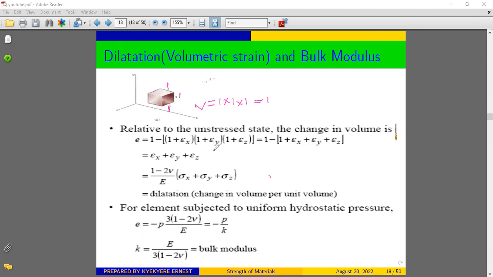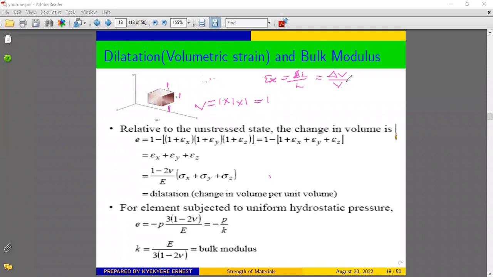Therefore, if you want to get the volumetric strain, don't forget that we said that the strain is just the change in length over the original length. So in respect to volumetric strain, it is going to be our change in volume over the original volume.